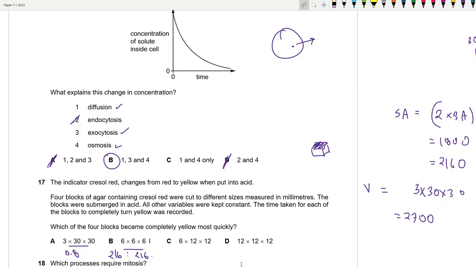Honestly, rather than measuring the surface area to volume ratio in D, basically in D you're gonna get the same surface area to volume ratio as B. It's going to be 1 because the volume is 12 into 12 into 12, 1728, 288. Yeah, this is also 1 is to 1.